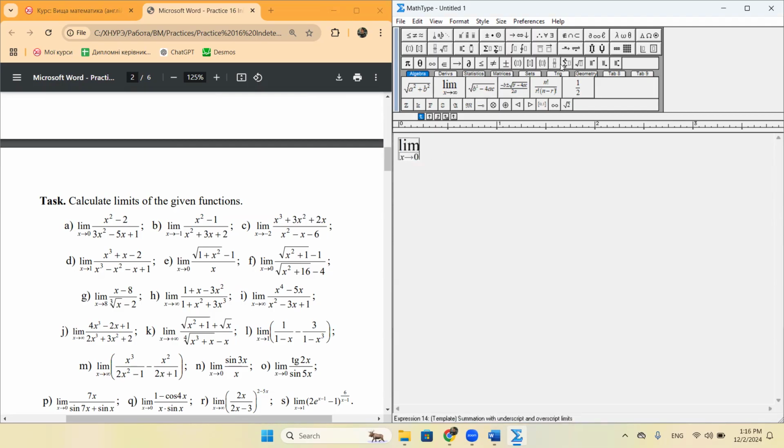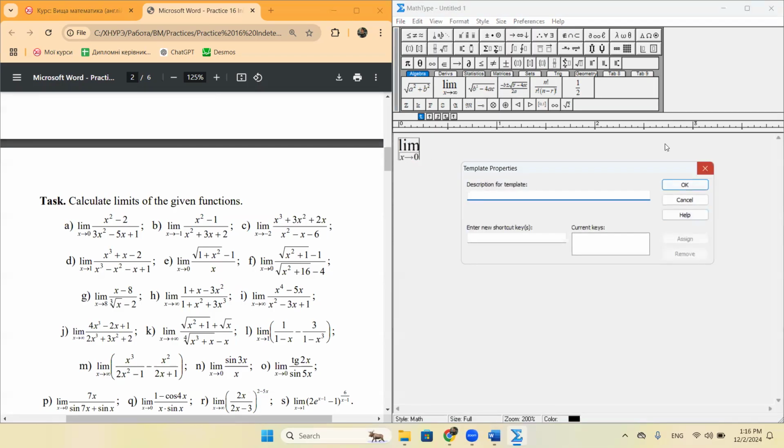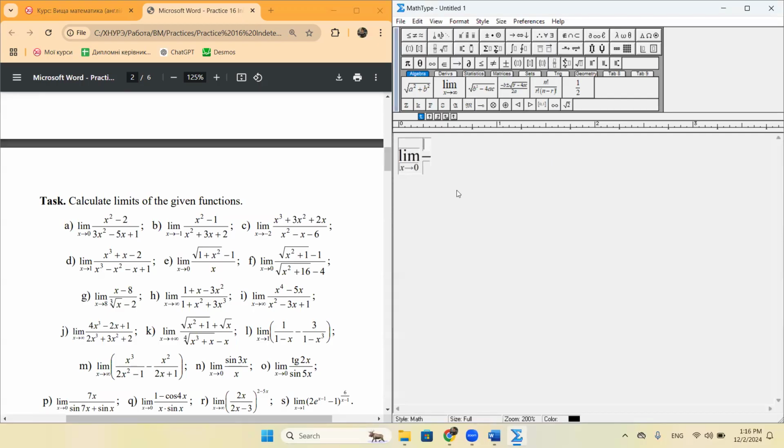So x minus 2 over 3x in power of 2 minus 5x plus 2.